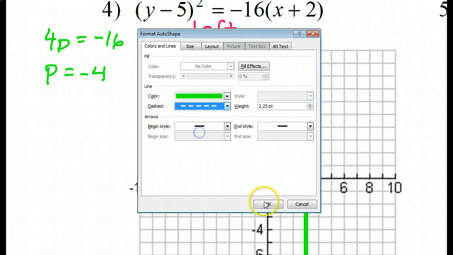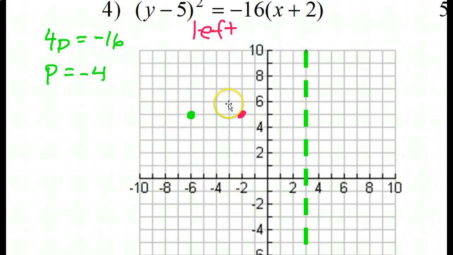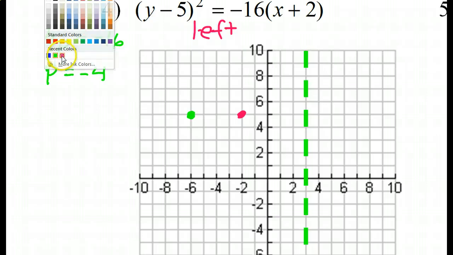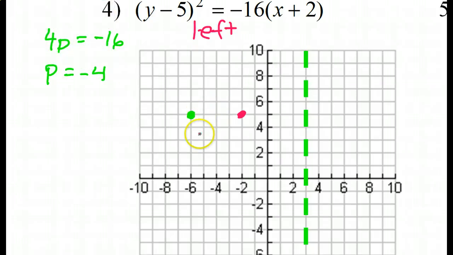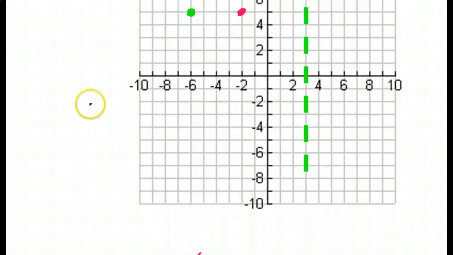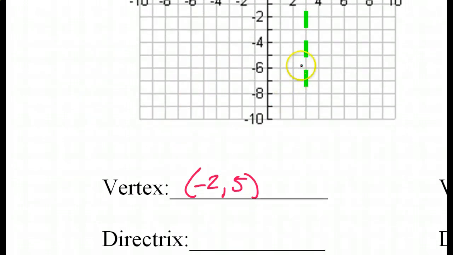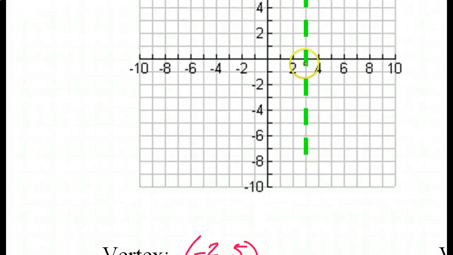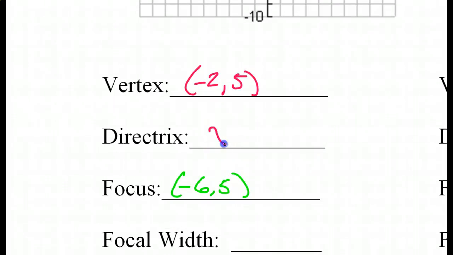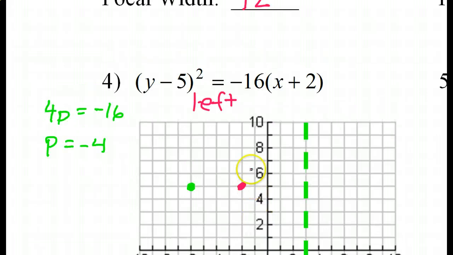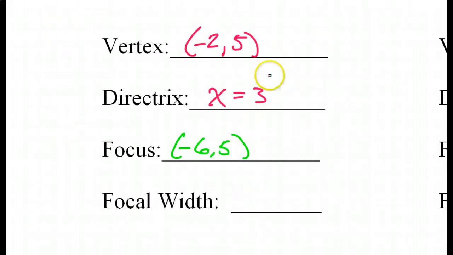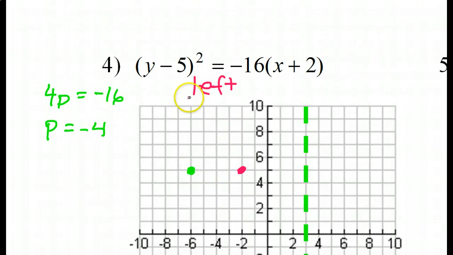Okay, now I just need my other 2 points to make this graph. Oh, by the way, the directrix, that was at x equals 3, as you can see. Now, the focal width is 16, so I might as well write that down. If the focal width is 16, so that's the width at the focus, for a total of 16, I need to go 8 up and 8 down.